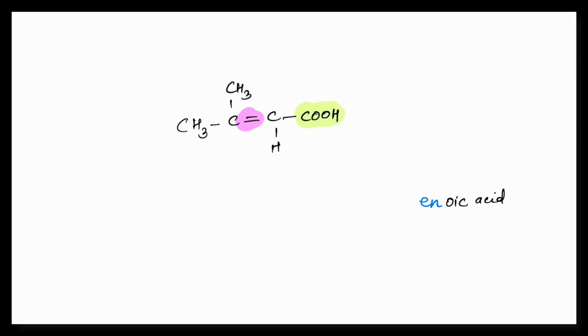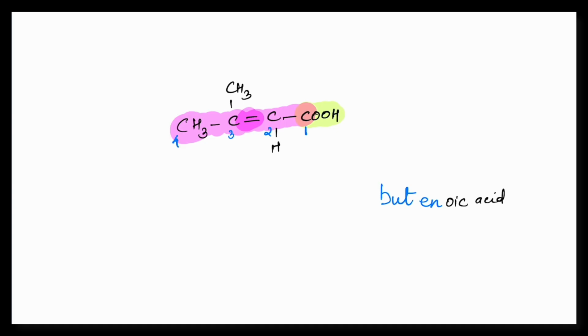So we will say that our parent chain is this, and we number this carbon as the first carbon, then move towards the left. So 2, 3 and 4, and we can see that there are 4 carbon atoms in this chain. So this will be but.